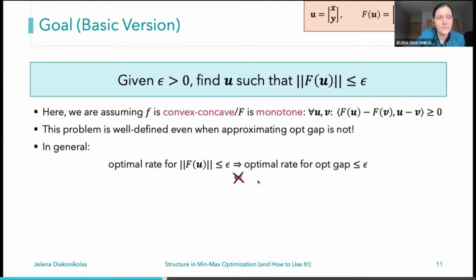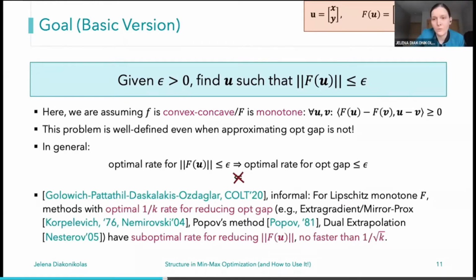There is a paper, and I'm oversimplifying what I'm saying here, but informally, if you look at a bunch of these different methods that give you the optimal rate for making the optimality gap small, so the smooth convex-concave setup, and your favorite method, Extragradient, mirror prox, Popov's method, dual extrapolation, they have the optimal 1/k rate for reducing the optimality gap.